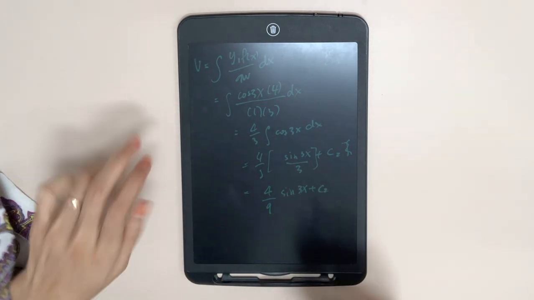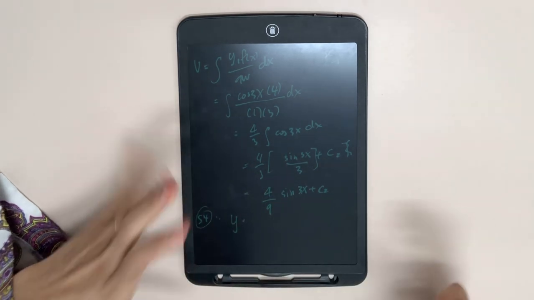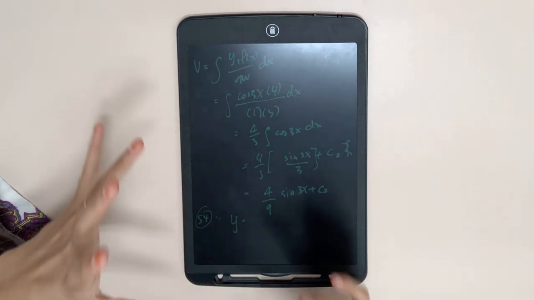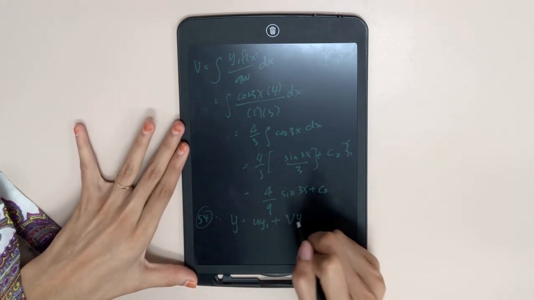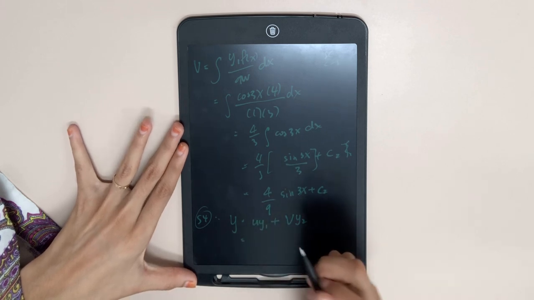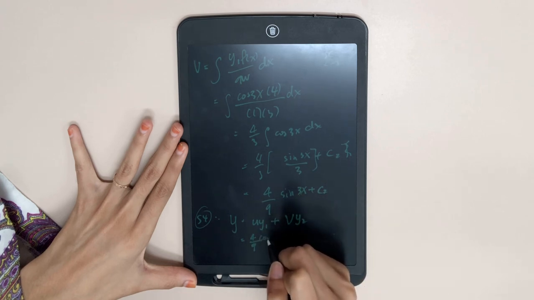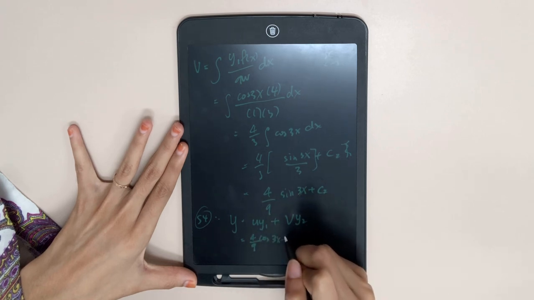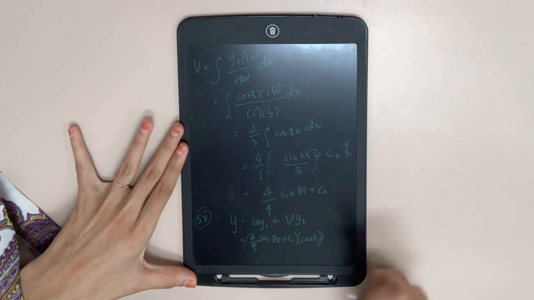And then the last step is just to sum up u and v. So u y1 plus v y2. What is your u just now? 4/9 cos 3x plus c1, times y1. y1 is cos 3x.